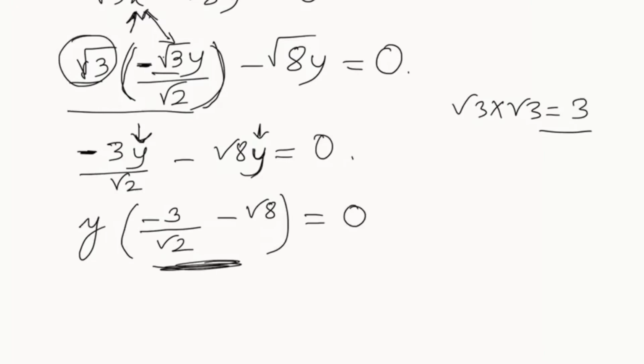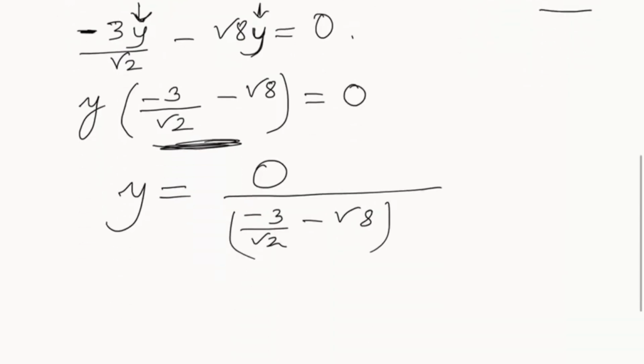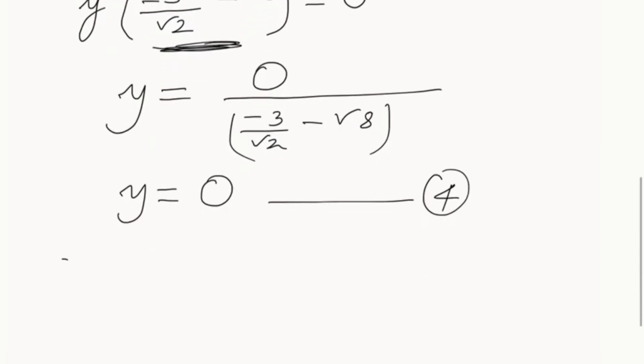Now this whole thing that is with y, we can transport to the other side. So y equals 0 divided by the bracket, which is still 0. So y equals 0. That is your equation 4.